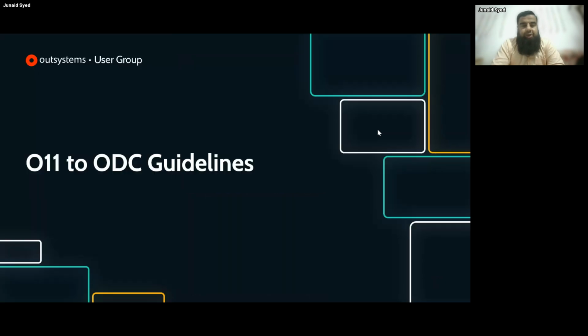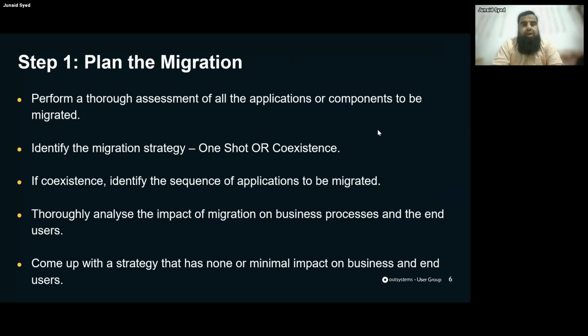So talking about the O11 to ODC guidelines first. OutSystems suggests that we plan the migration first, and this is really the most important area, I would say, in the entire transition journey from O11 to ODC.